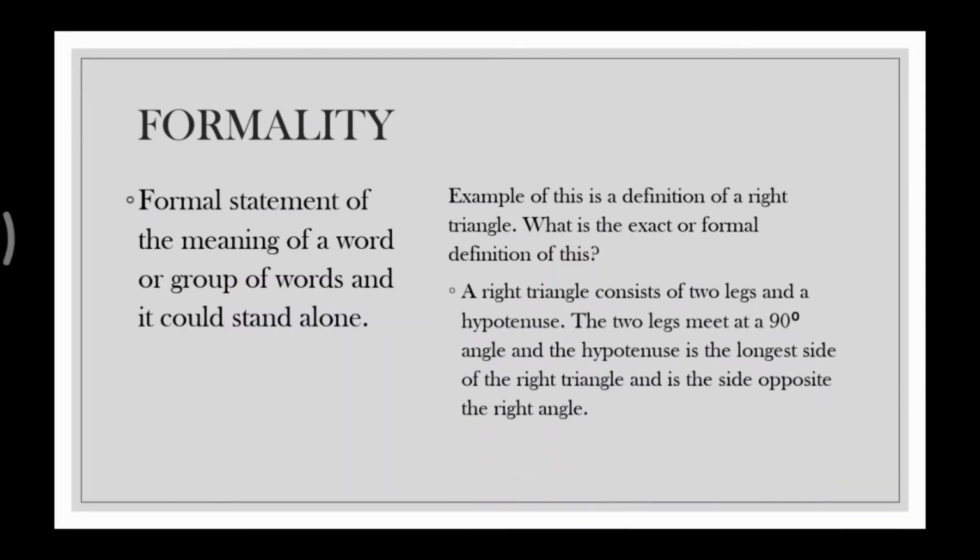A right triangle consists of two legs and a hypotenuse. The two legs meet at a 90-degree angle, and a hypotenuse is the longest side of a right triangle and is the side opposite the right angle.